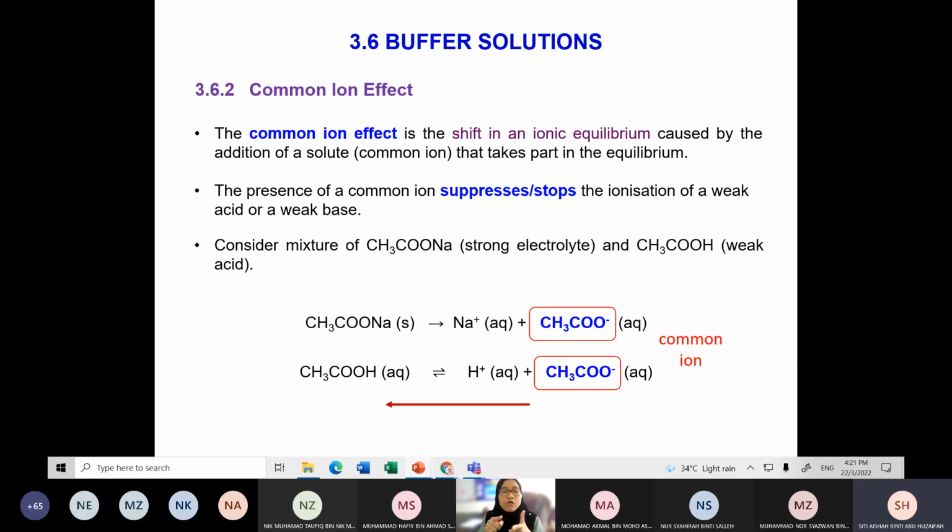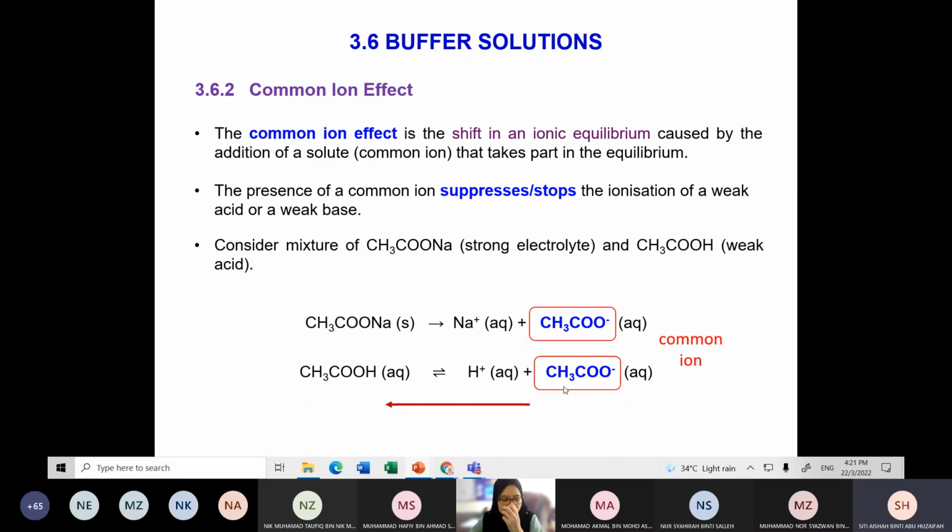In order to produce a buffer, we add this salt because we want to supply this ion.